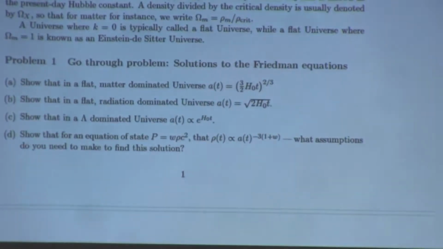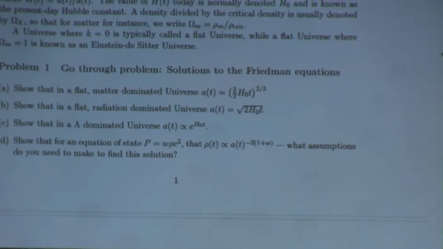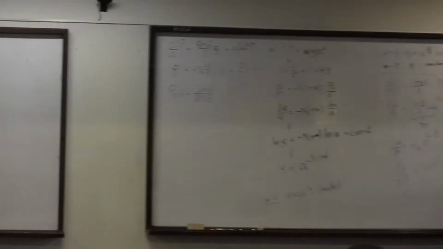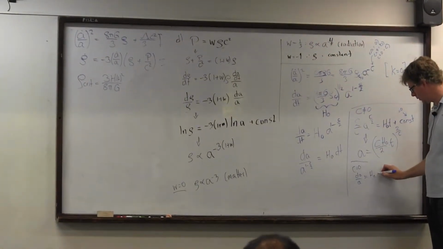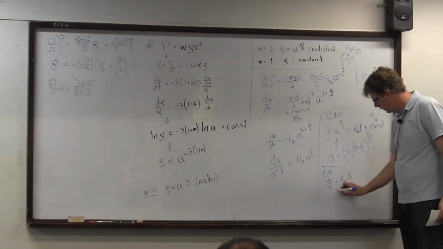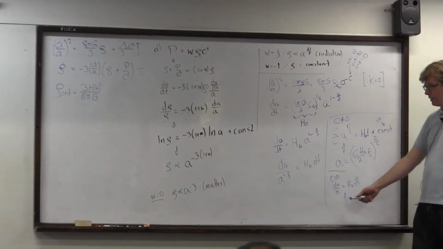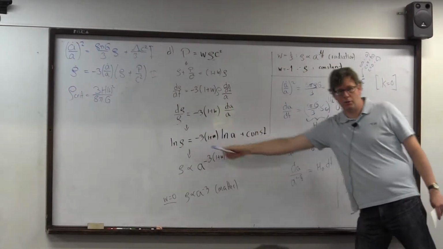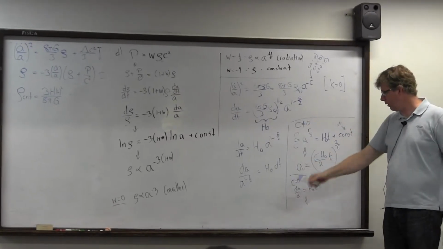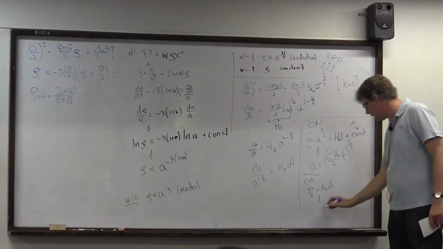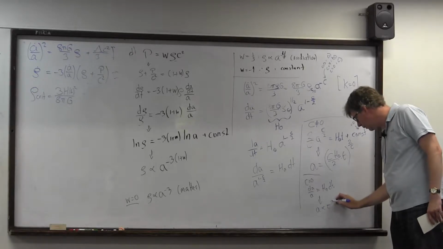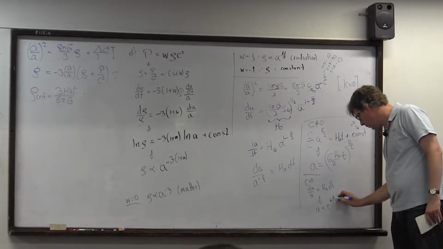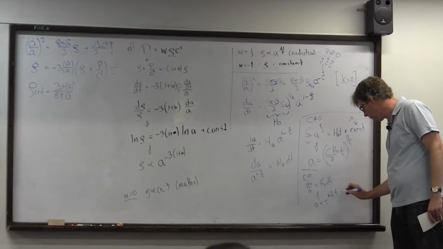If c is equal to 0, then you have to integrate dA over A equal to H naught dt. And that is now a natural logarithm. So you take the integral, you do exponentials on both sides, and then you get that A is proportional to e to the H naught times t.